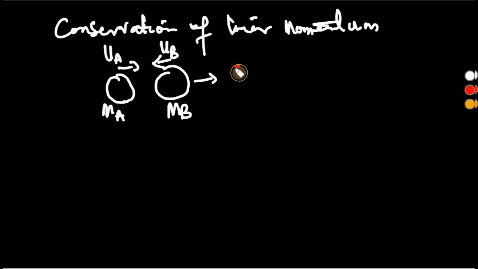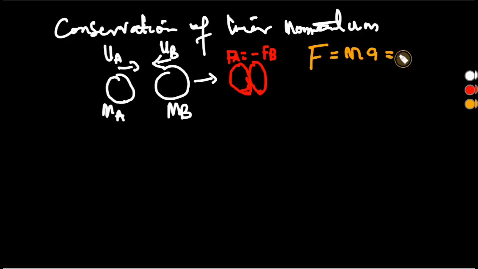So on collision, if these two bodies collide, you notice that the force on A will be equal and opposite to the force on B from Newton's third law of motion. And we know again from Newton's second law of motion that force is ma, which is this. Of course, acceleration is change in velocity with respect to time, so we have it as this.